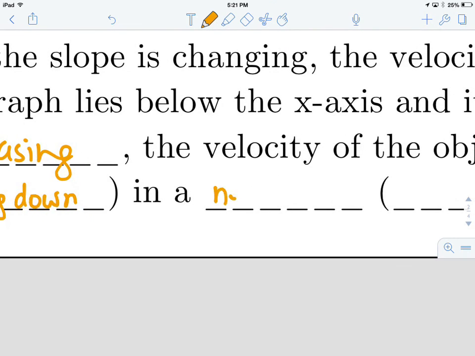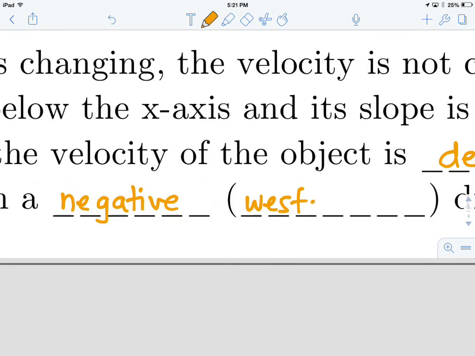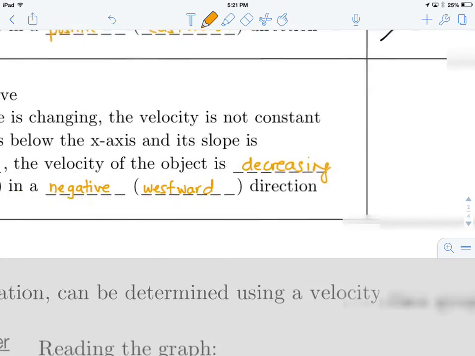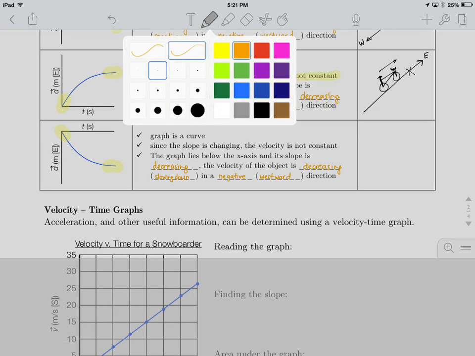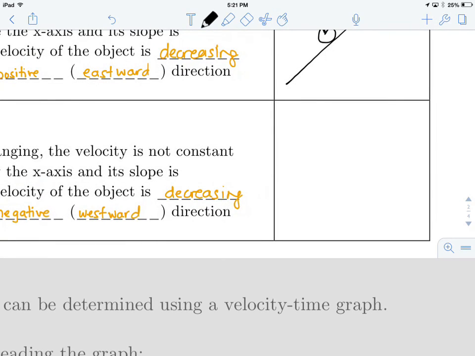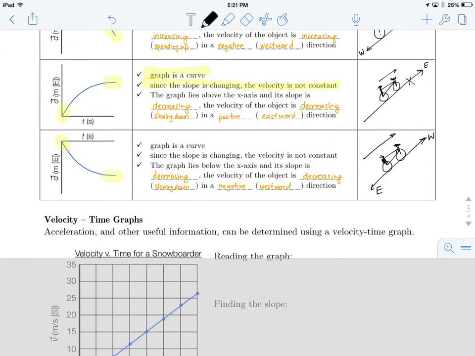But it's slowing down in a negative or westward direction. I'm sure you can imagine that what that means is the bicycle will go uphill, slowing down in this direction, where here's our west. It just means the bicycle is still going uphill, slowing down, but it's moving in the opposite direction.